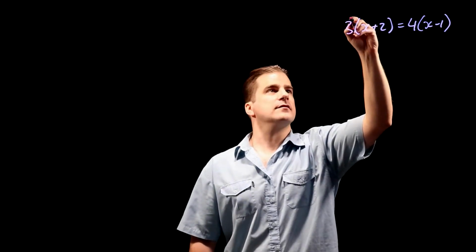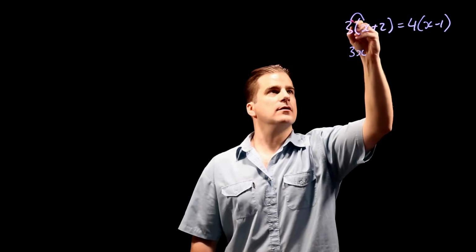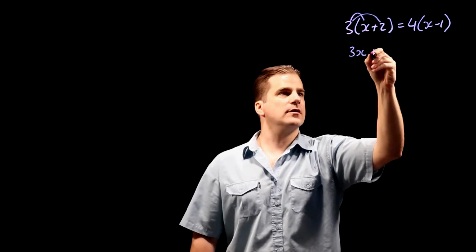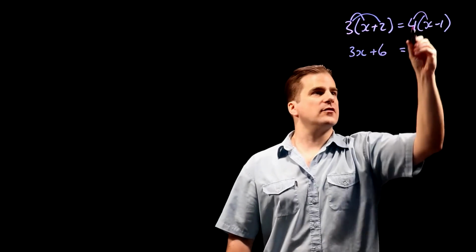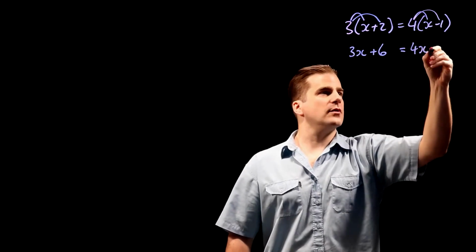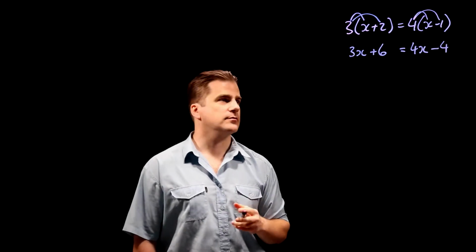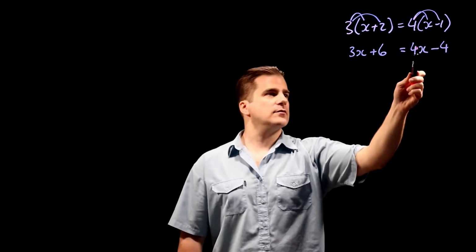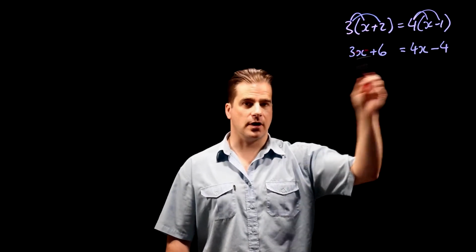So let's do that. 3 times x is 3x. 3 times plus 2 is plus 6 equals 4 times x is 4x. 4 times minus 1 is minus 4. Okay, right, got 2 different terms with x in, so get all the x's on one side, all the numbers on the other.